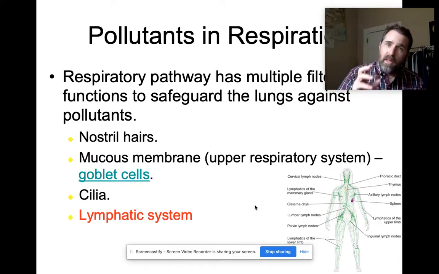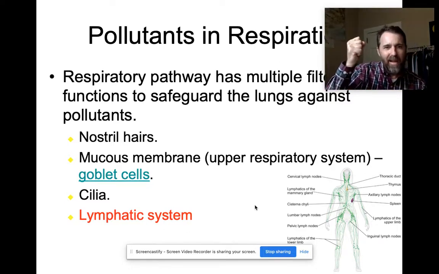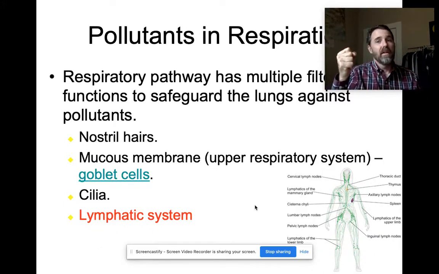In the upper respiratory system, you have what are called goblet cells. And goblet cells are mucus producing cells. So they produce a little blob of mucus, and that little blob of mucus hangs out in your respiratory system until something like a piece of sawdust tries floating by and sticks to it.